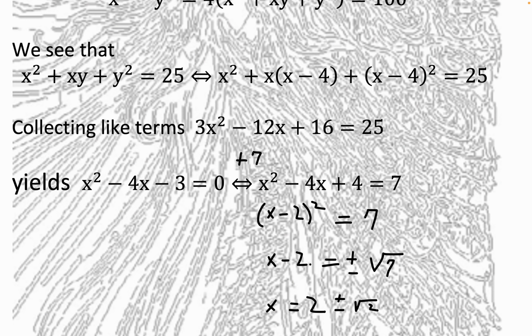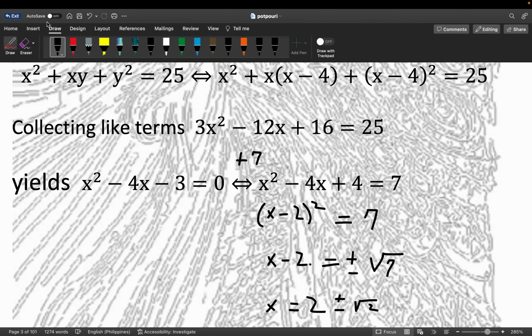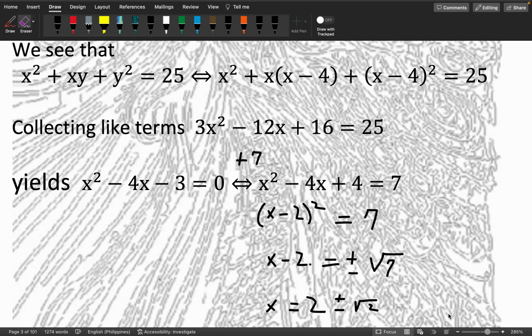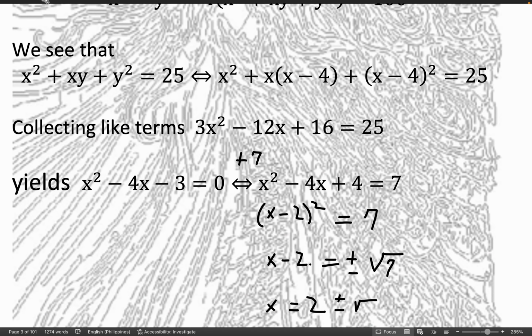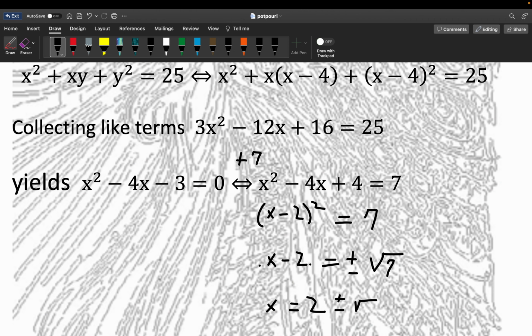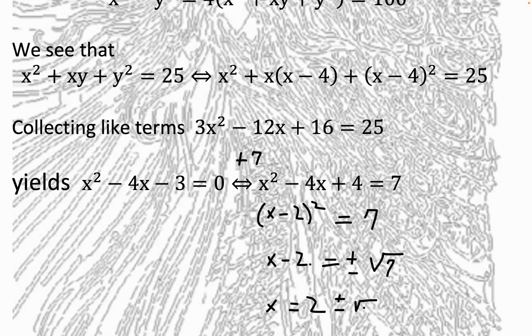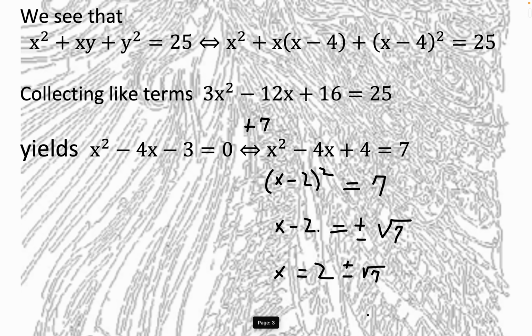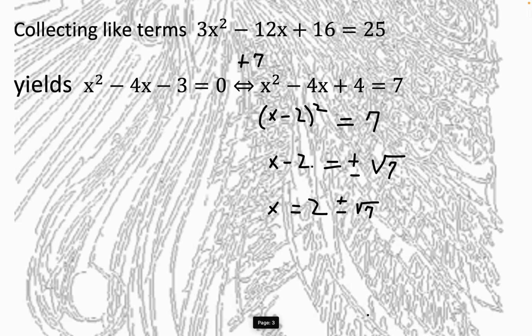Okay, now remember, x was the... let me erase that again. Okay, so that's 2 plus or minus square root of 7. Now, what does that mean? Well, it said x is the larger number, and so what you would get is a couple of possibilities here. One possibility would be 2 plus root 7.